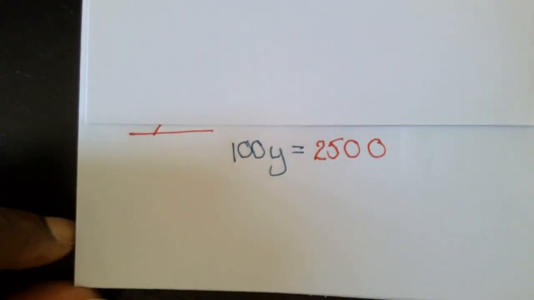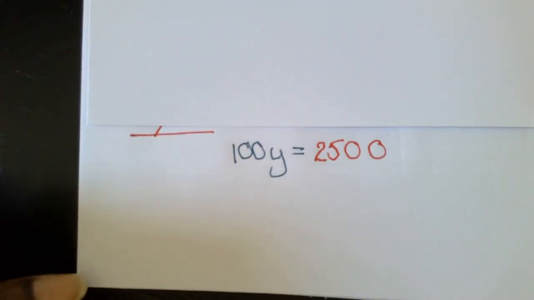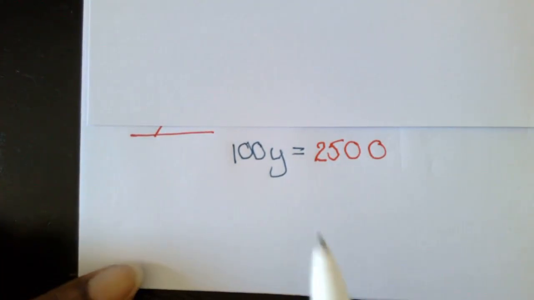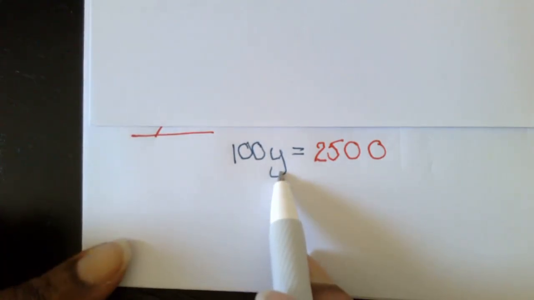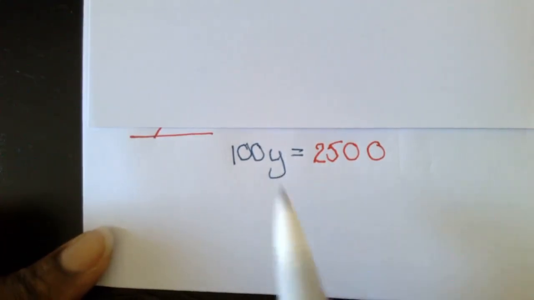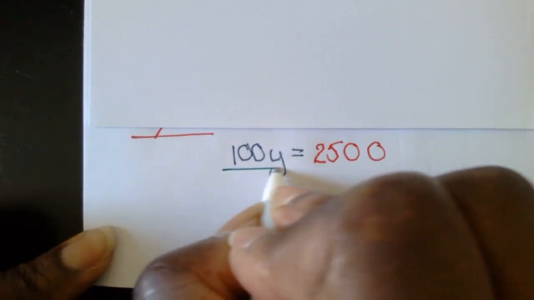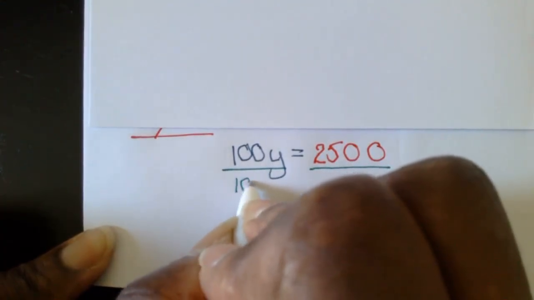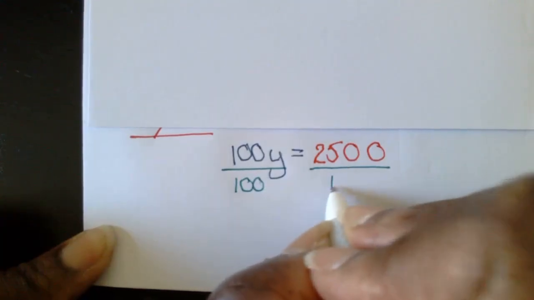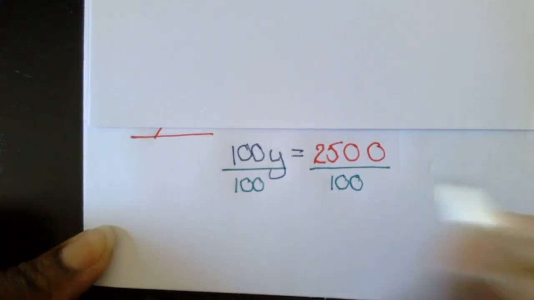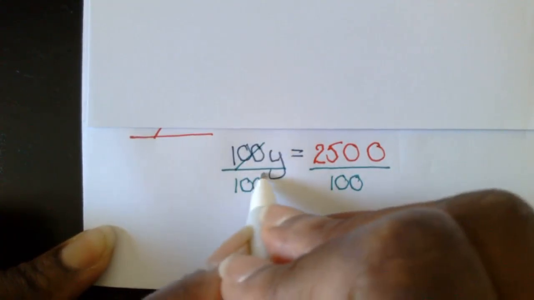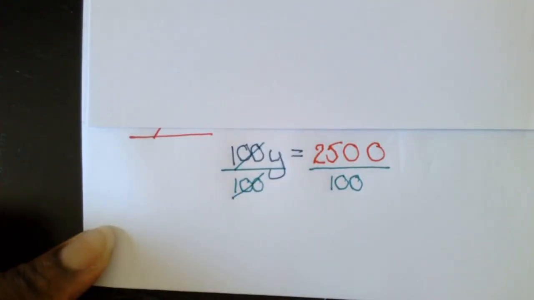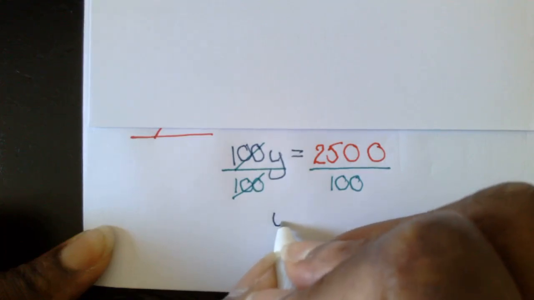All right, so now what we need to do is to get y by itself. So we have 100 times y, so we have to do the inverse, which is divide by 100. Hundreds will cancel out on the left-hand side, bringing down our y.